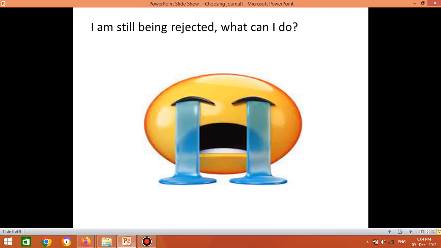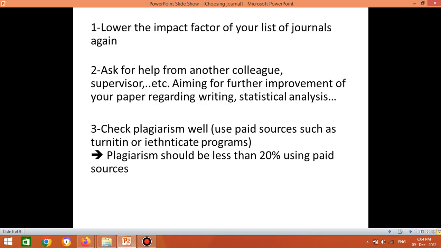If I'm still being rejected, what can I do? First of all, you have to lower the impact factor range of your journals. If you targeted an impact factor ranging from 2 to 4, you have to search for journals beginning from 0 to 2 impact factor.